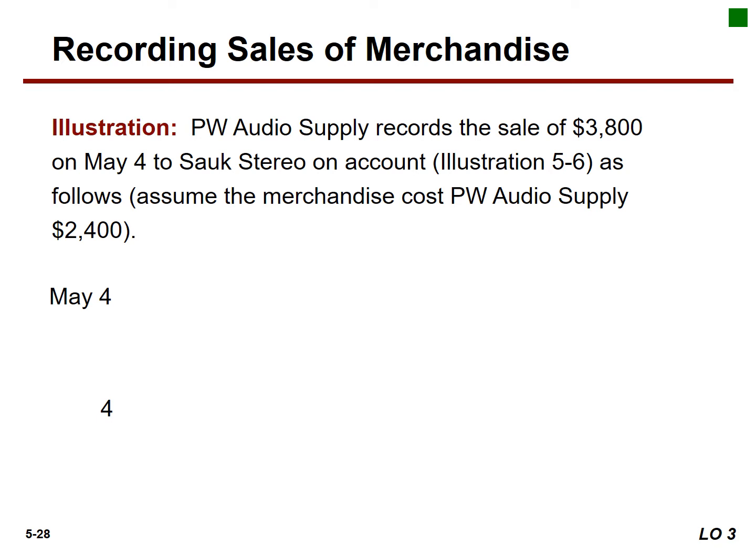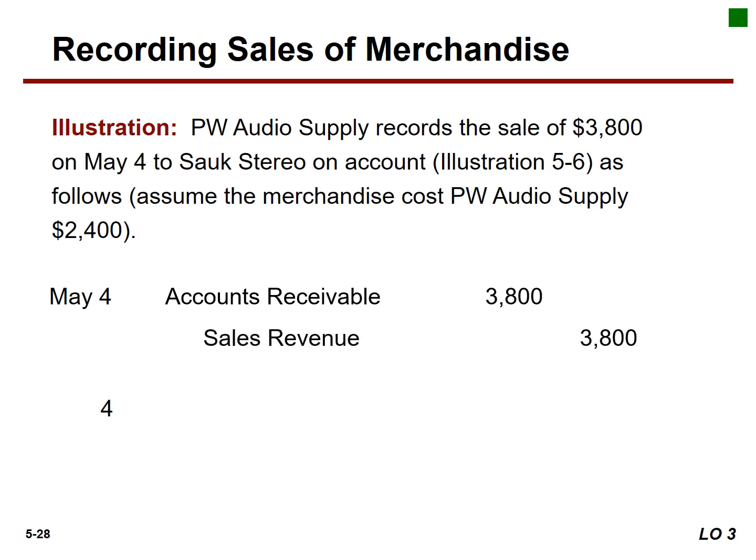So PW is going to record a debit to accounts receivable. This is a credit sale, and a credit to the sales revenue account. Then a debit to cost of goods sold for the $2,400, and a credit to the inventory account, $2,400.